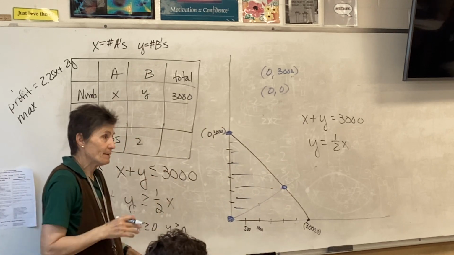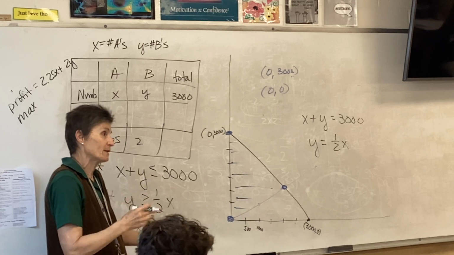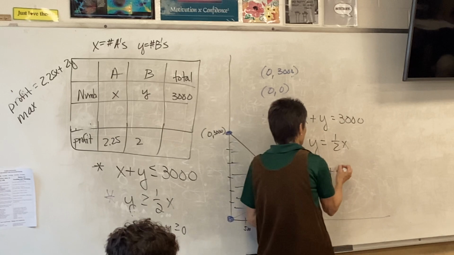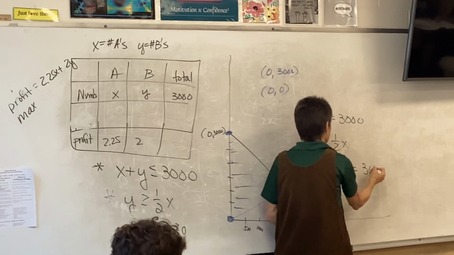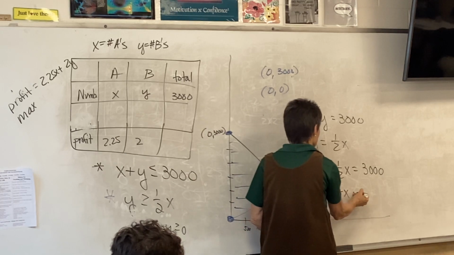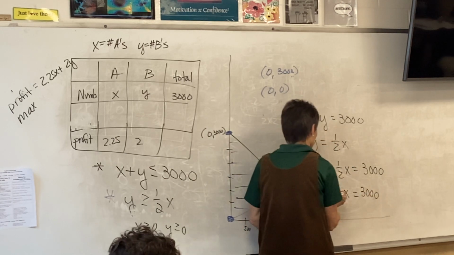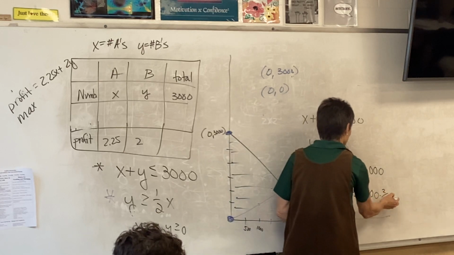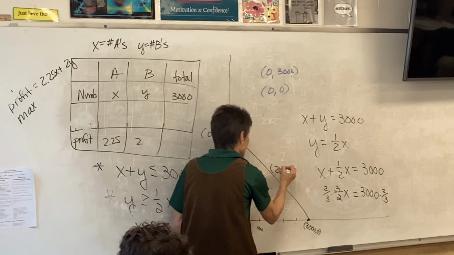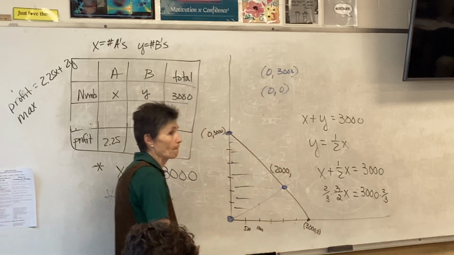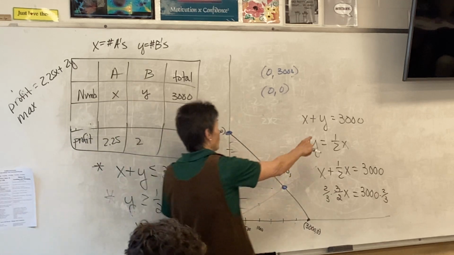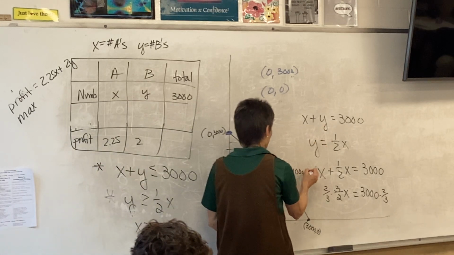Normally I eliminate, but this one's set up perfectly for substitution. So x plus 1/2 x equals 3000. So 3/2 x equals 3000. I'll multiply by 2/3. The x coordinate of that point is 2000. And if x is 2000, y will be 1000.